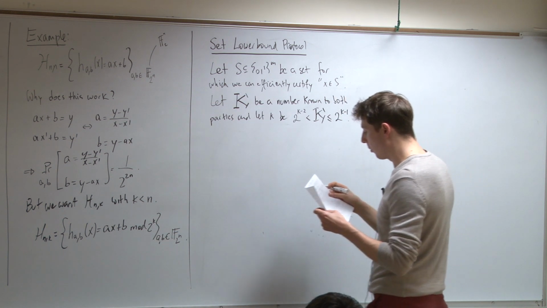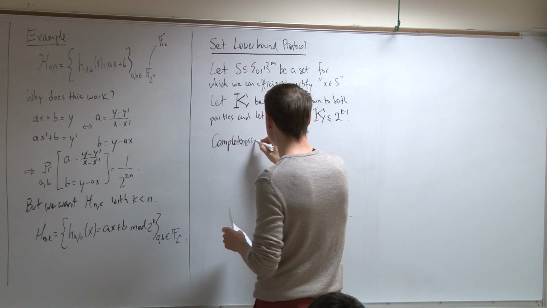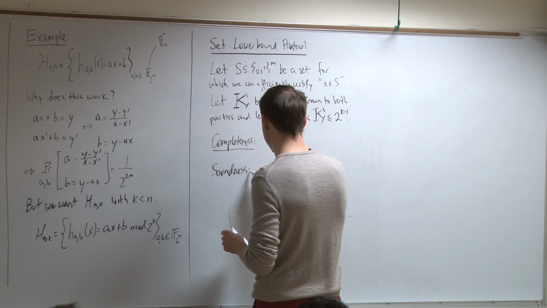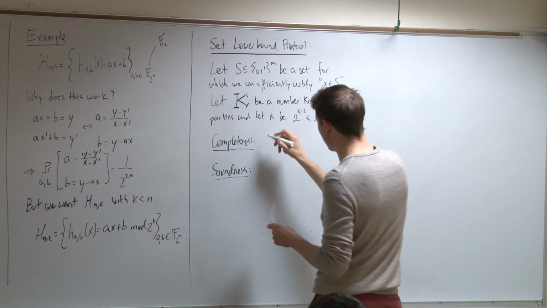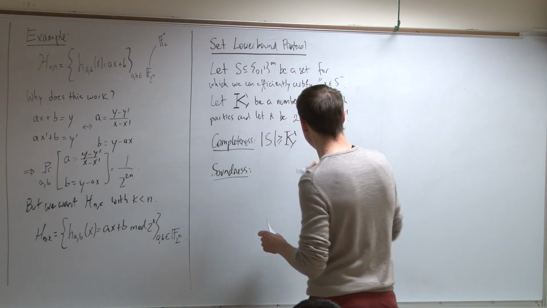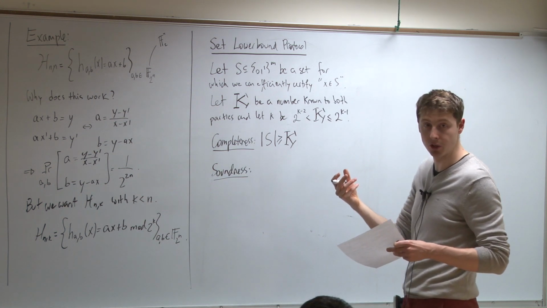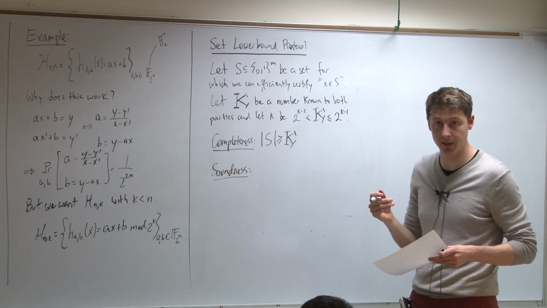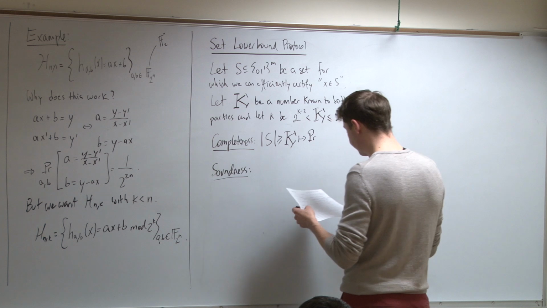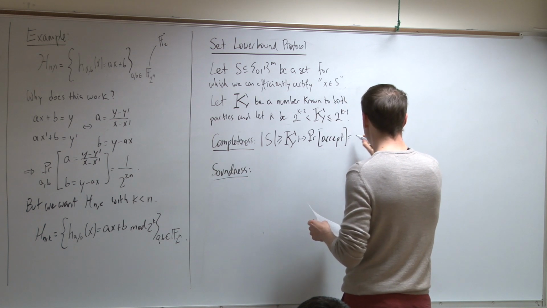Now what we want is a protocol with completeness and soundness that work as follows. In the completeness, if the size of S is at least the target size capital K, so this is the good case where S is large, where large is determined by the parameter capital K, then what we want is that the probability of accept be what?